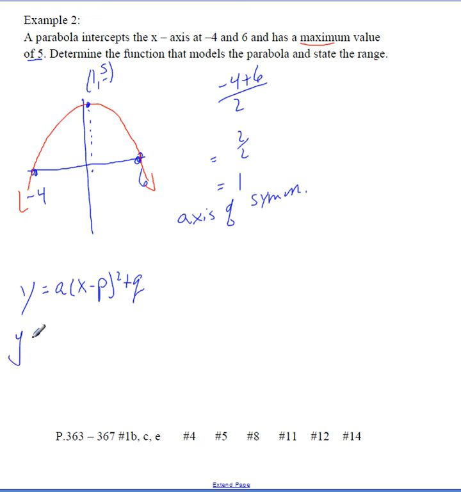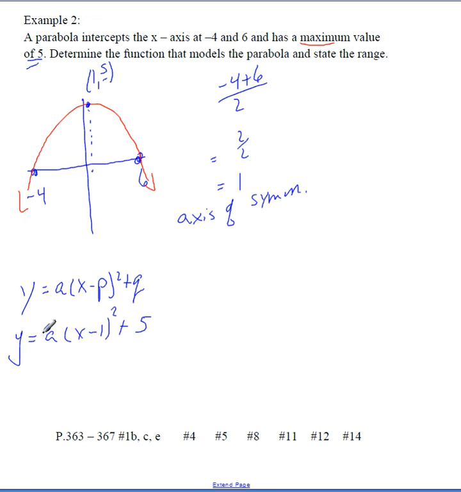So y equals a, x subtract 1. So just take this value, put it directly in here. And our height is 5. And we're told that here.